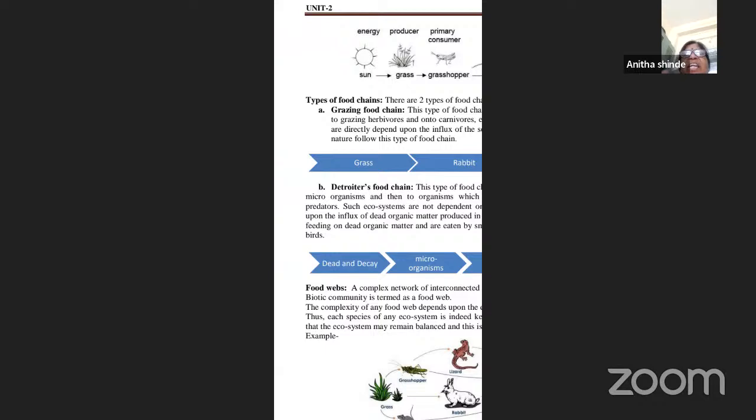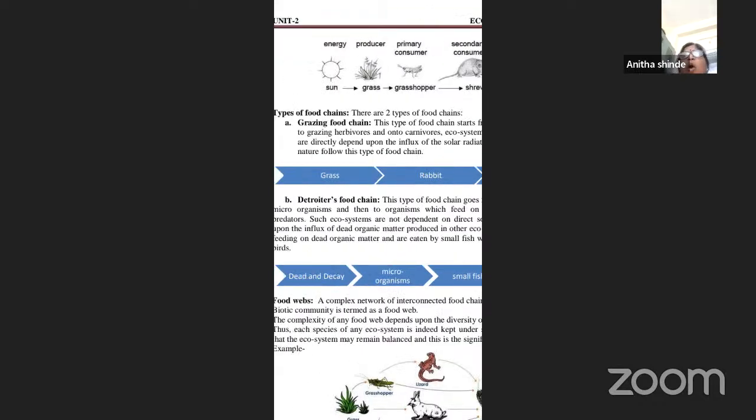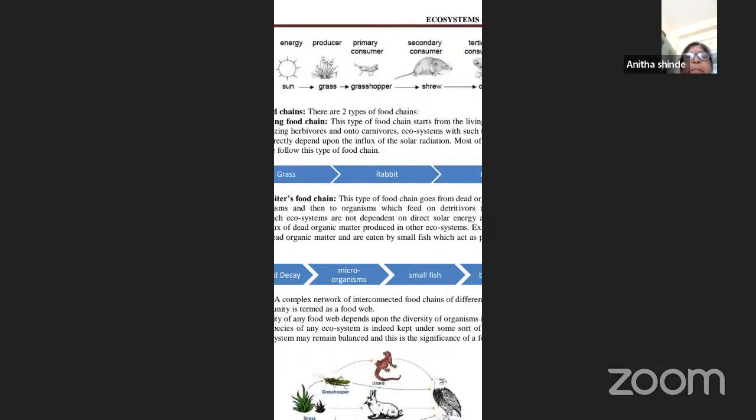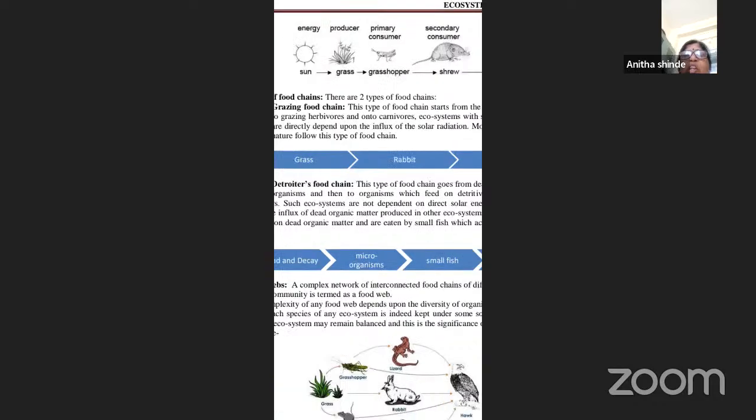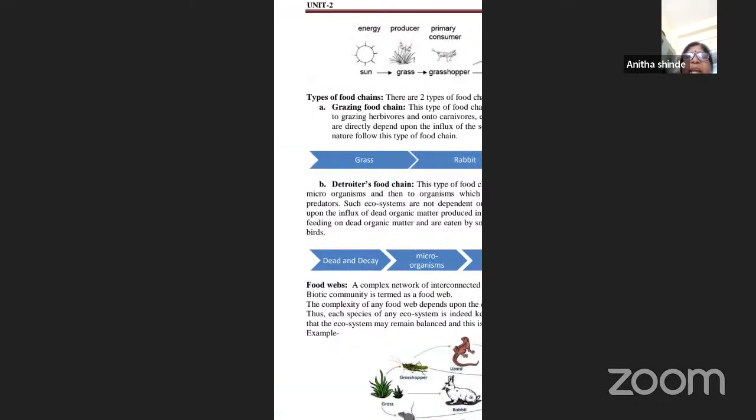In the grazing food chain, we depend totally on the direct solar radiation or solar energy, but the detritus food chain does not depend upon solar energy. It starts from dead organic matter, then to organisms which feed on it, and later on to the predators.